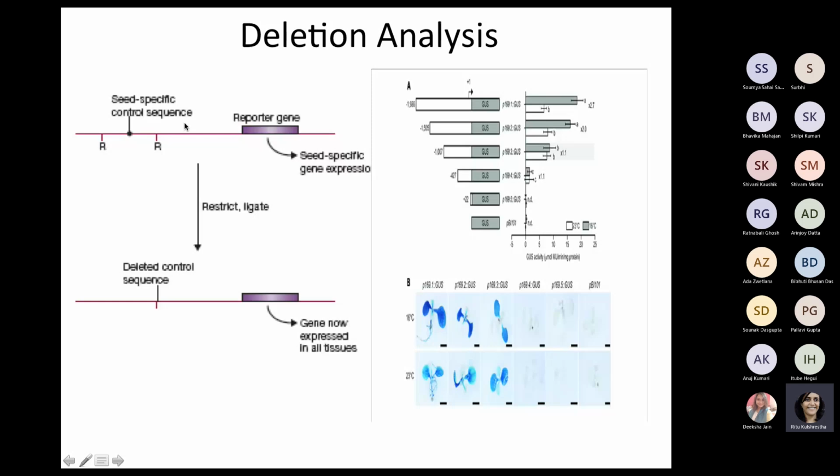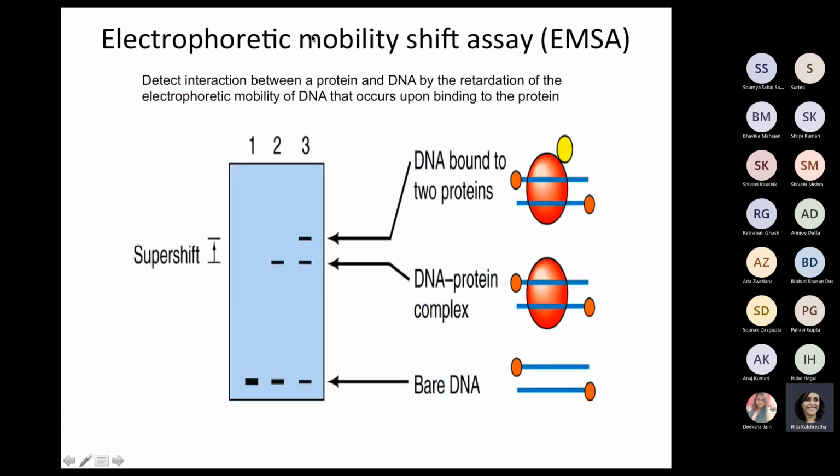Or let's say I know that a transcription factor, LEF1, binds here, and I want to confirm that it really binds here or not. So for that I go for EMSA analysis. As the name says, it is electrophoretic mobility shift assay.